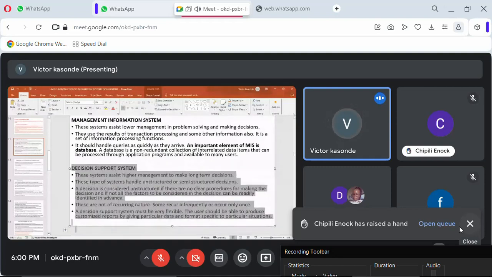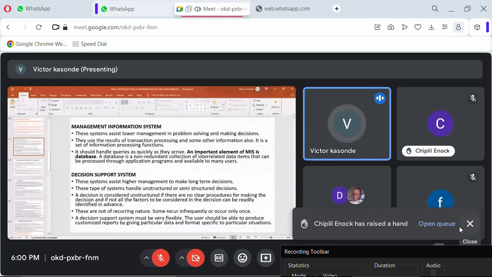So these people make decisions using the decision support system, meaning the information which the management information system has given them, and they access this decision support system and make decisions in an organization.